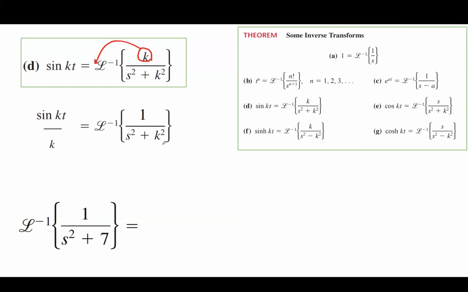Very good. So now we can see the similarity. We have 1 on the numerator, we have s squared plus k squared on the denominator, and since k squared is equal to 7, k is square root of 7.